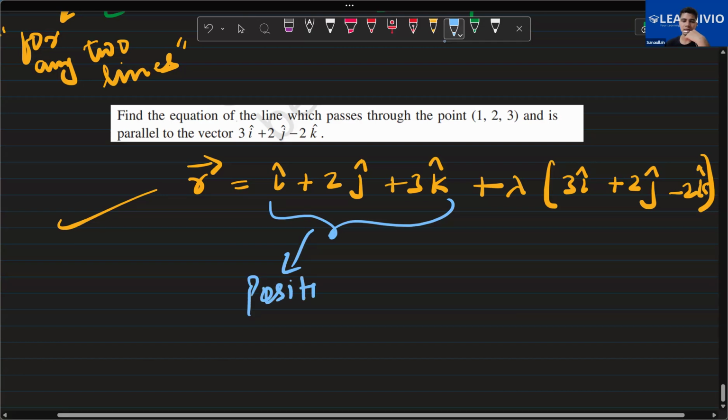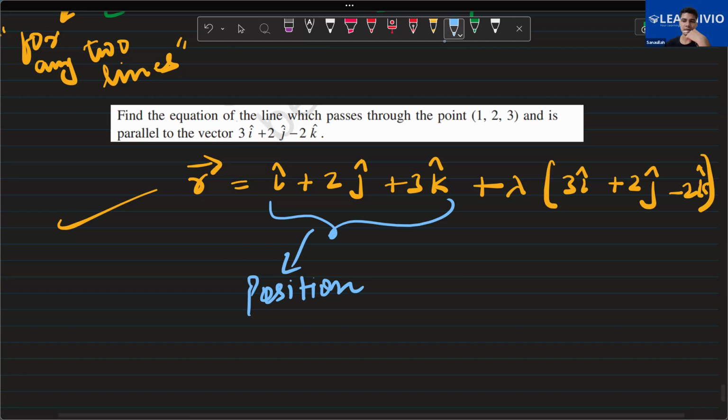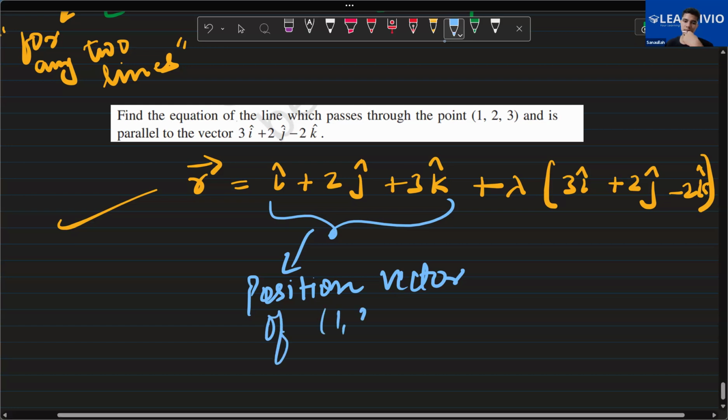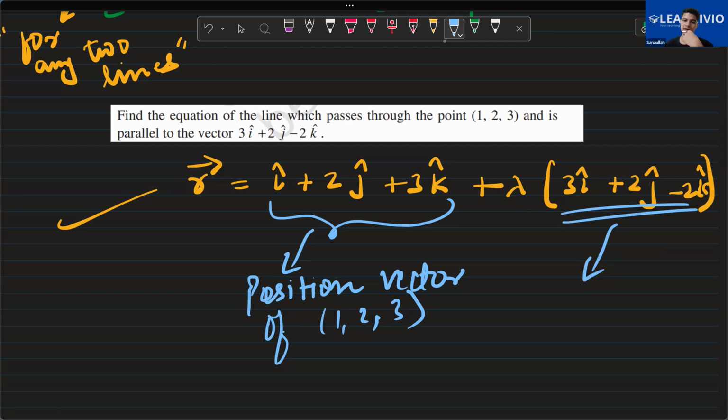This is a position vector. ये मैंने एक लाइन में लिख दिया, बट आपको एग्जाम में 2-3 स्टेप में करना. लाइक फर्स्ट ऑफ ऑल यू हैव टू शो दैट द पोजीशन वेक्टर ऑफ योर पॉइंट, position vector of (1, 2, 3), and this is what, you can say the direction cosine vector, sorry, DR vector, or you can say simply the direction of this line. ओके, बेटर रहेगा कि आप डायरेक्शन रेशियोज वेक्टर बोलें इसे. ओके.